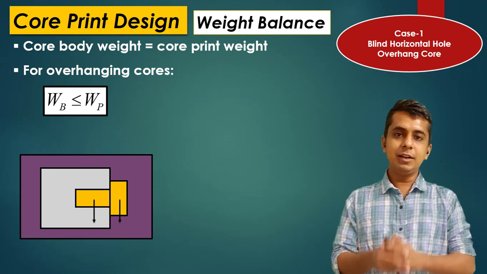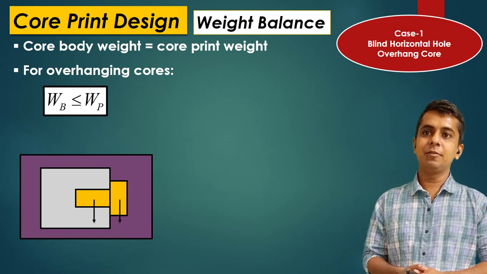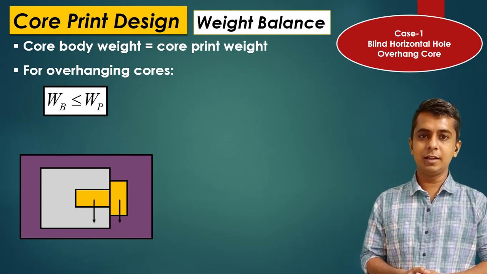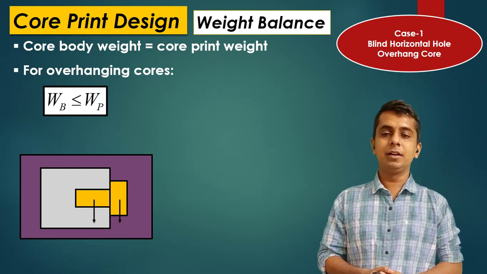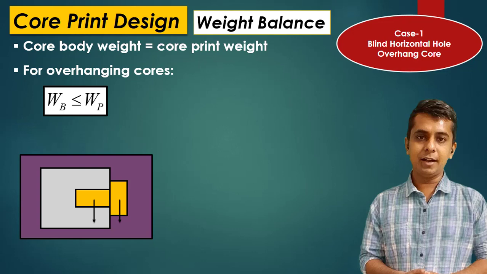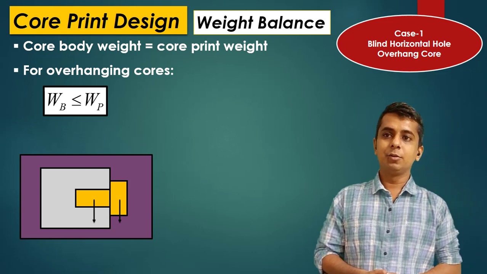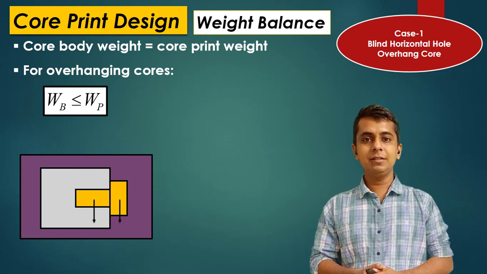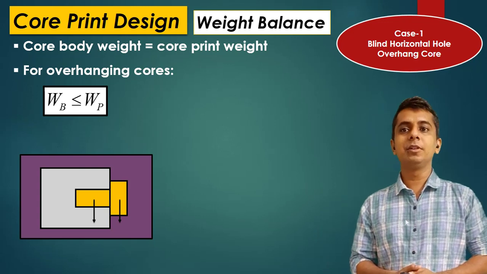Here you can see the weight of the core body, indicated with WB, and the weight of the print, that is WP. So WB is less than or equal to WP.